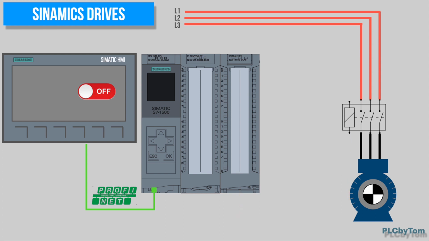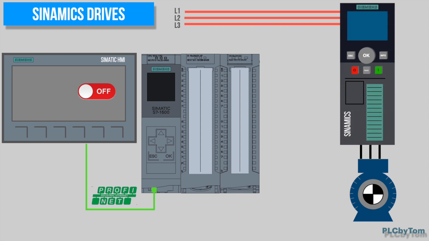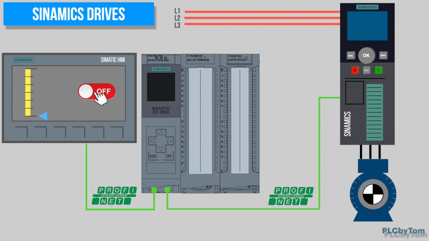Finally, sometimes an application requires a motor run with variable speeds. Thus, variable frequency converters are needed, and these devices are called Sinamics drives. As it is shown in the example, the drive communicates with PLC via Profinet protocol, so it gets commands and sends statuses. Besides the command for motor start, there is a needed speed set point.